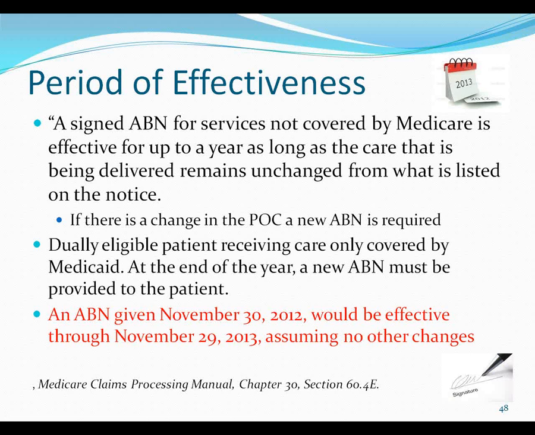If the duly eligible patient receives care from Medicaid, that's all that they're getting, and you don't change anything, then at the end of the year you give a new ABN to the patient. So if you gave the patient the ABN last year on November 30th, nothing has changed, and you kept nursing in there once a week that whole time, that form would be effective through November 29th.